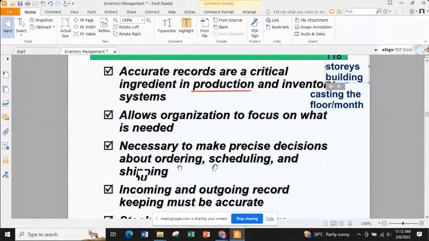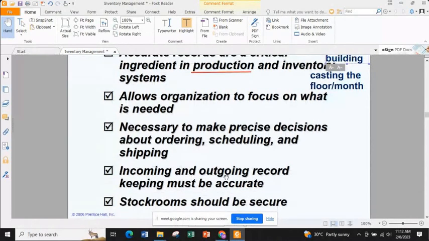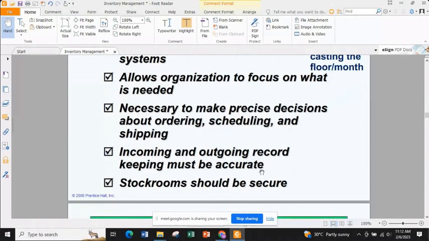You can monitor the trending. Incoming and outgoing record keeping must be accurate. So when we say accurate, it should reach 100% or 99%, because it's involved with audit. Incoming and outgoing ideally should be the same.